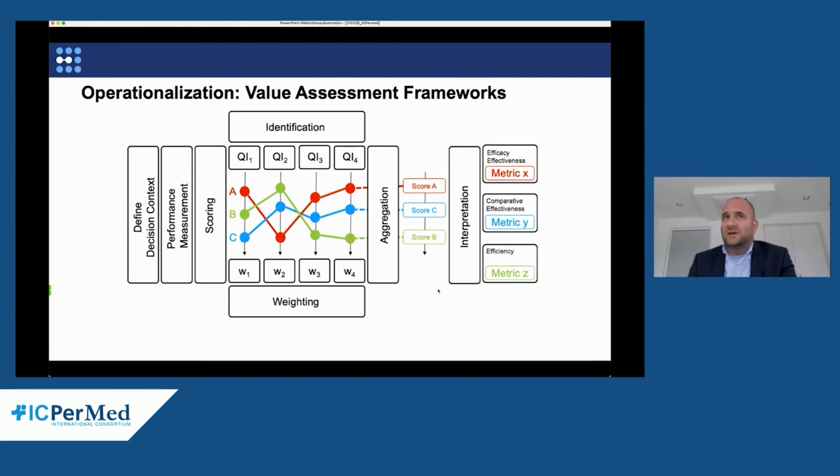these methods forward. So, for example, with a value assessment framework, which is basically a transparent structure of modifying information towards metrics which help us to make decisions on effectiveness or efficacy, which help us to align comparative effectiveness with certain scales expressing value to patients, or even efficiency, and that's how I started.